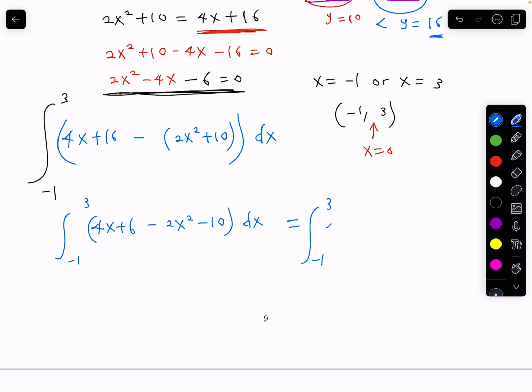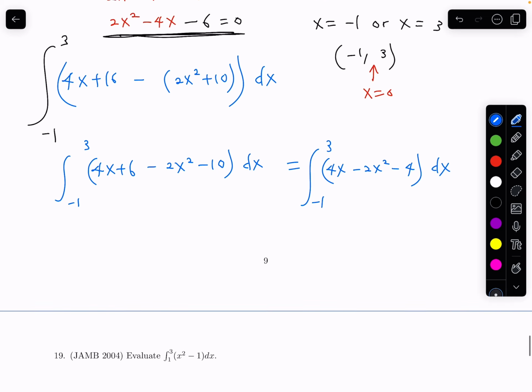So from -1 to 3, I have 4x minus 2x squared minus 4 dx. If you compute this integral, you have 4x squared divided by 2 minus 2x cubed divided by 3 minus 4x.